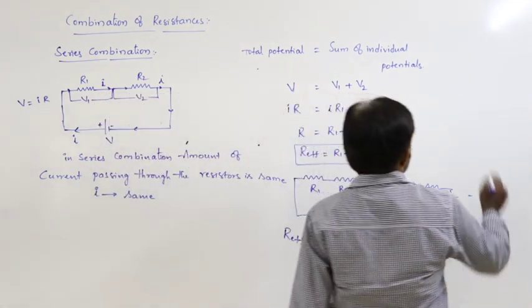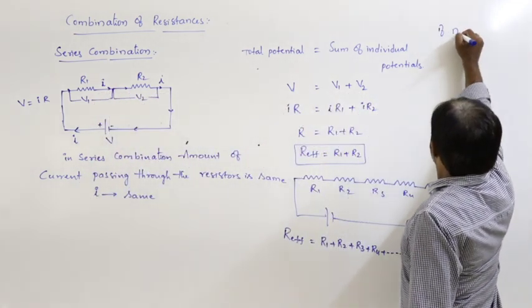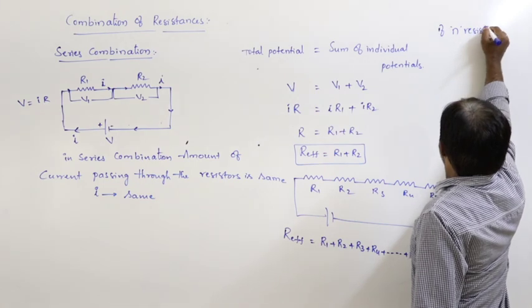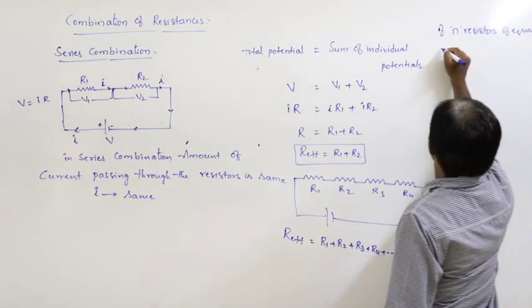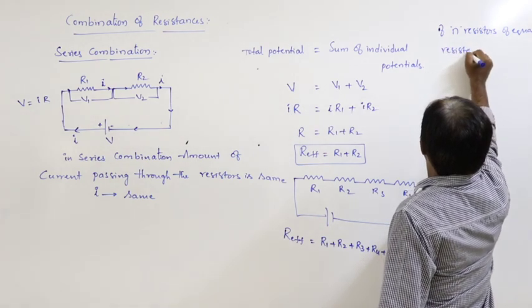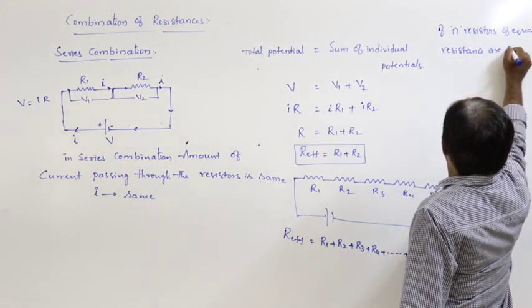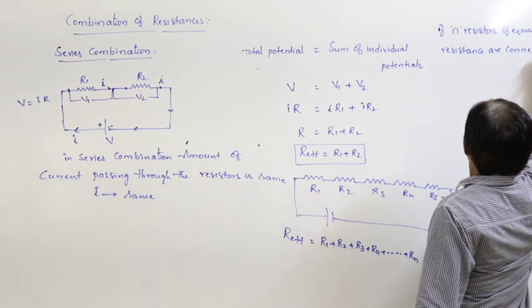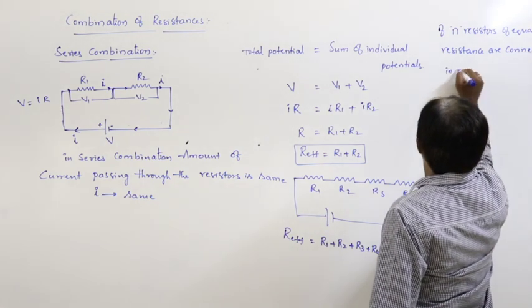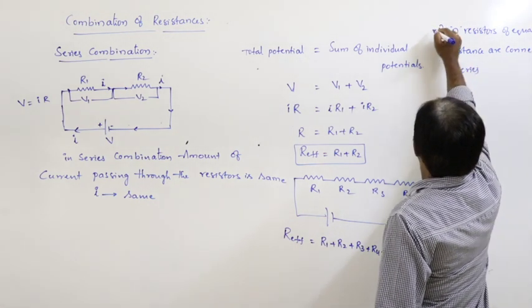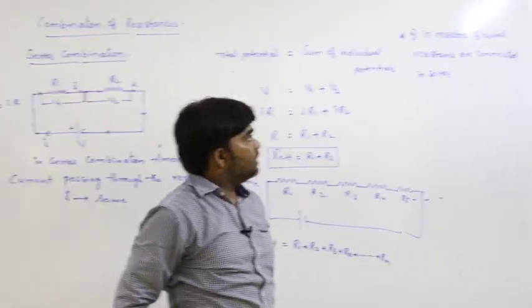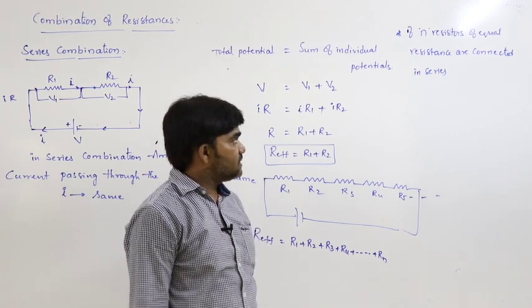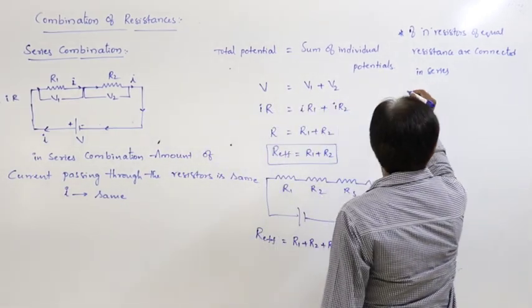If n resistors of equal resistance are connected in series, what is the effective resistance?